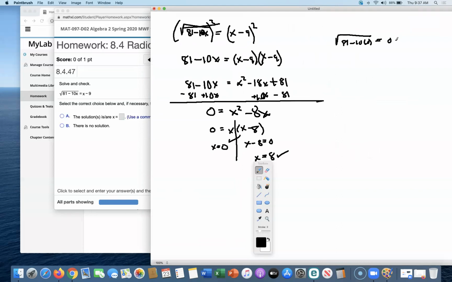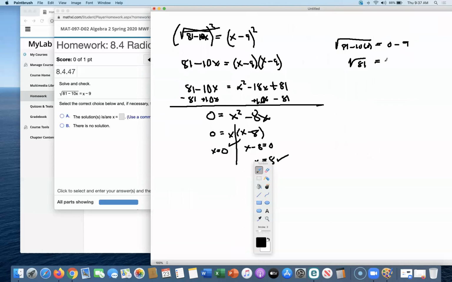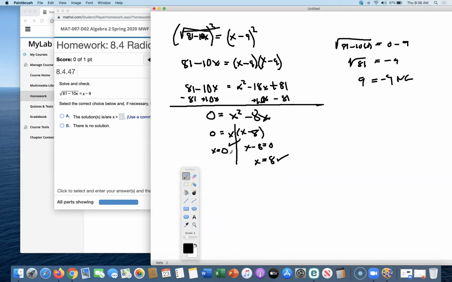Equals 0 minus 9, square root of 81 equals negative 9. The square root always gives you the positive answer, never the negative answer. So it is equal to negative 9? Nope, no good. x equals 0 does not work.